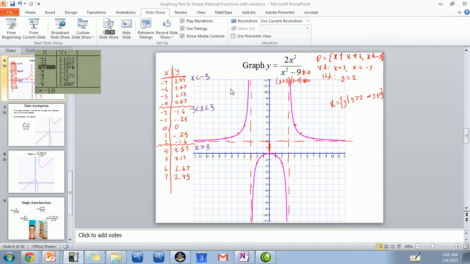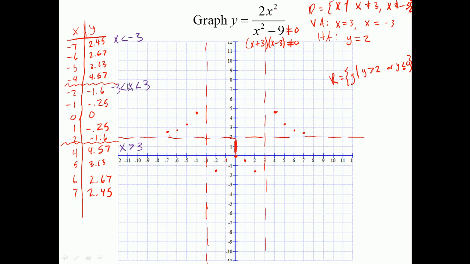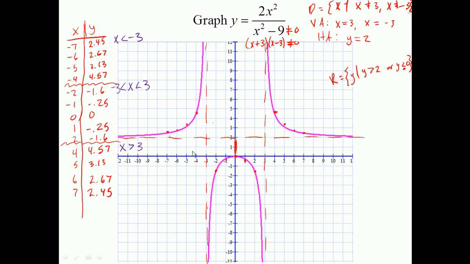So if we're starting at negative 7, it's 2.45. Negative 6, 2.67. So you really don't have to calculate all of those, especially if you have so many points to do. So we have that idea. Once you have all of your points plotted like so, then all it is is just graphing them.